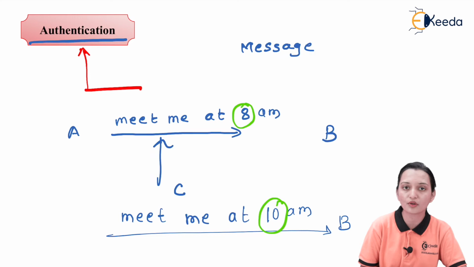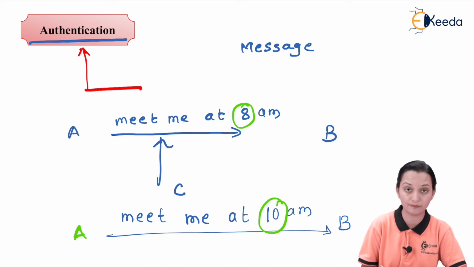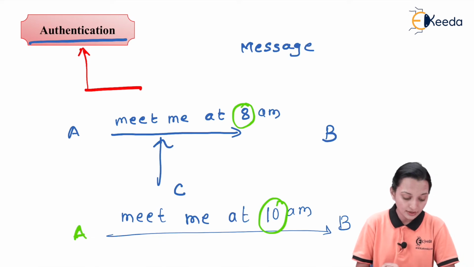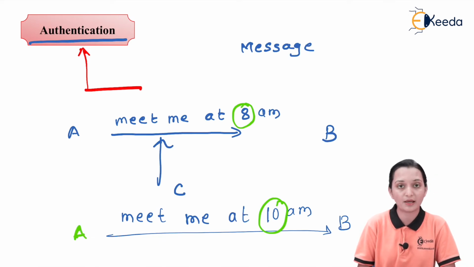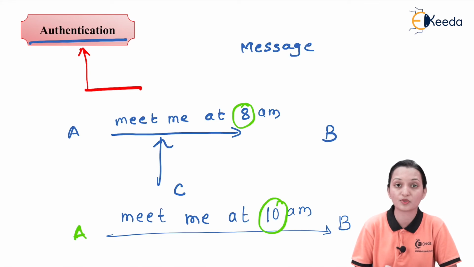That means there is a modification in the message, and because of which miscommunication can occur between A and B. So here we require to authenticate the message or the data, whether the data has been modified or not. And for that purpose, the process of encryption and decryption plays an important role.